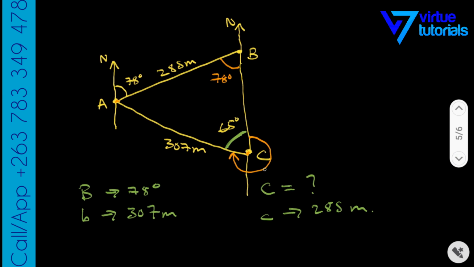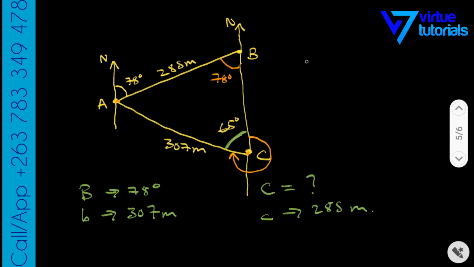So to find this other part, we know that this is the bearing. We know that right round, the angle right round is 360 degrees. So for us to find the orange angle, we say 360 minus this 65.